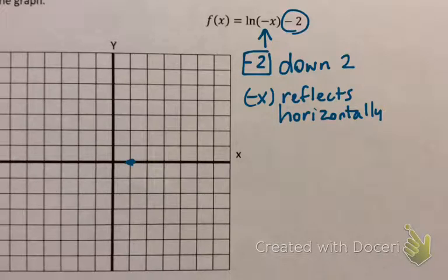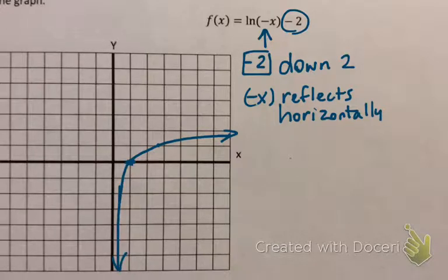And the second point that we can think about on the e to the x graph is 1, e. So we're going to go to the right e and up 1. So we're going to go not quite to the 3, and then up 1 to plot our second point. And trace the curve out from there and down the vertical asymptote.